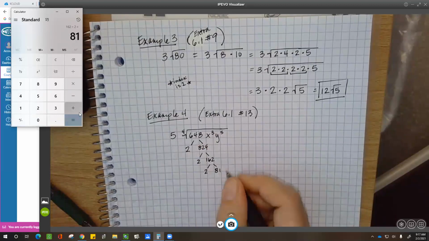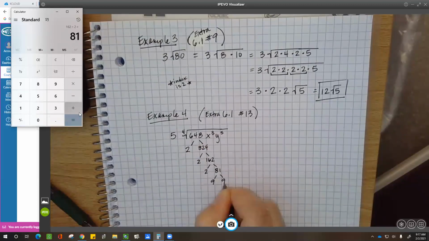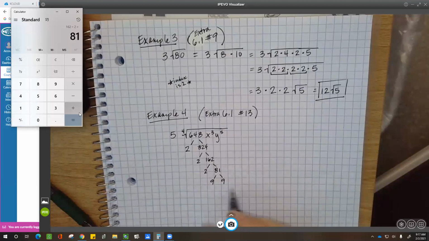That's 9 times 9. If I'm factoring completely, 9 is 3 times 3. Okay, so my factors are.